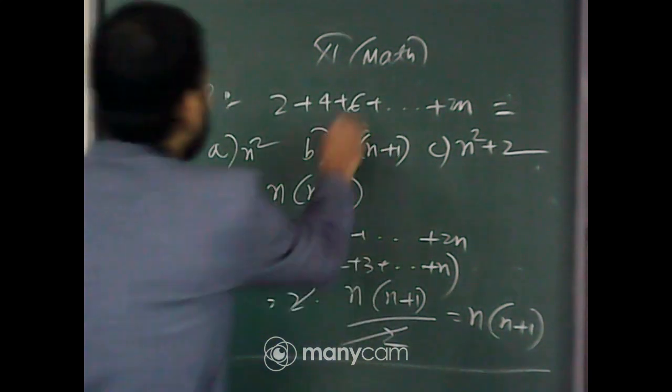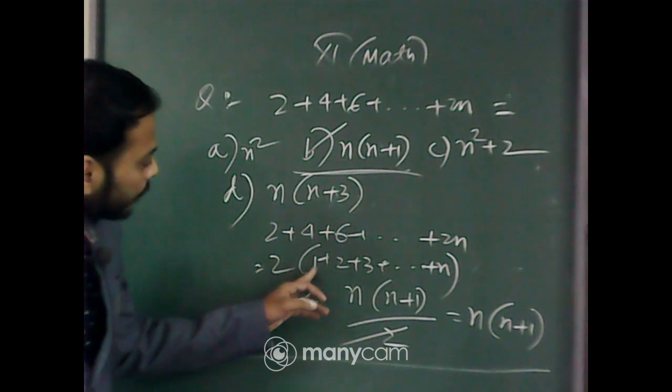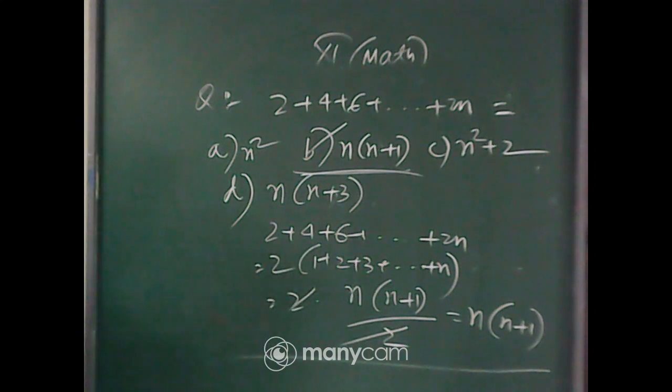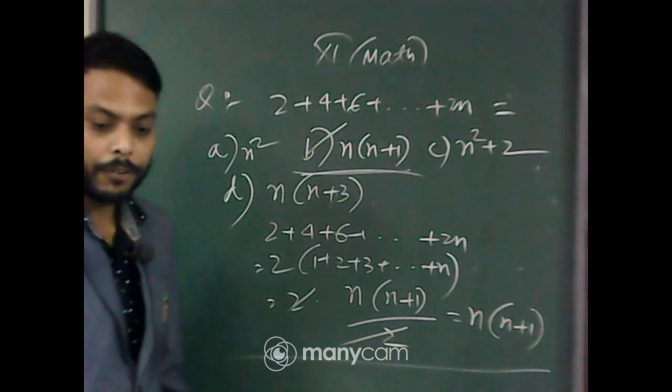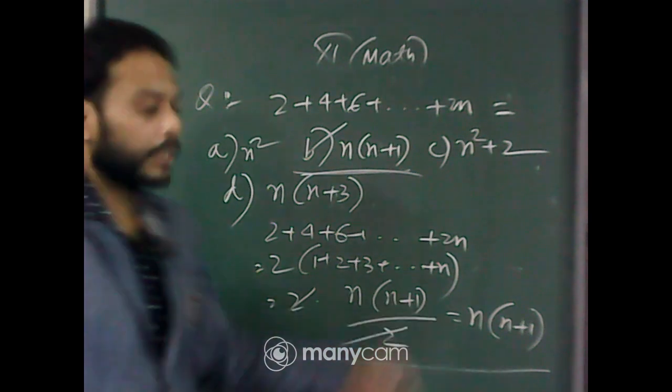That is option B, the correct answer. The sum 1 + 2 + 3 + ... up to n will give you n(n + 1)/2, that is the formula, you know that. After cancelling 2, it will give you n(n + 1).